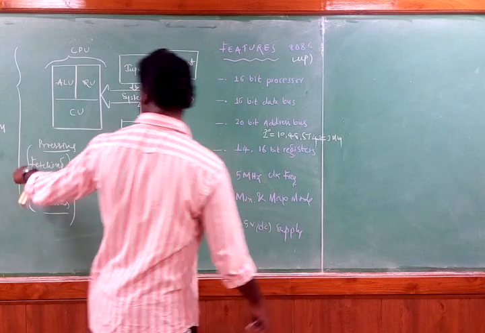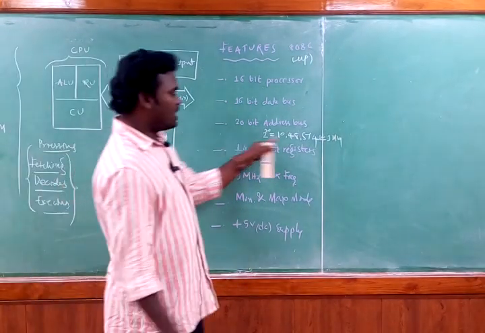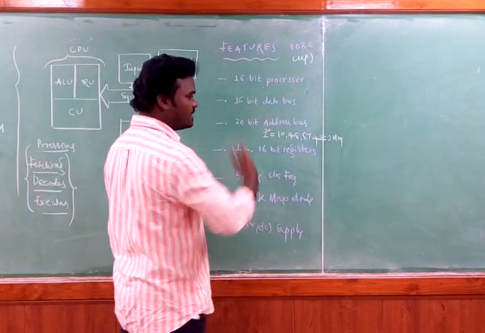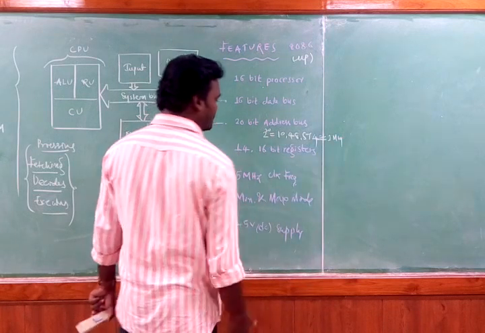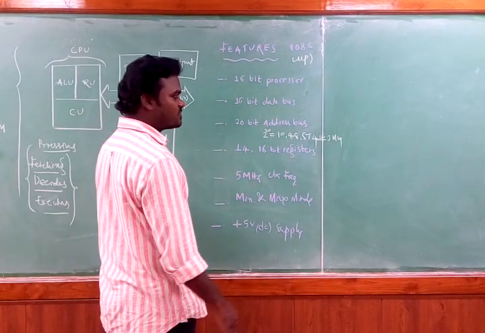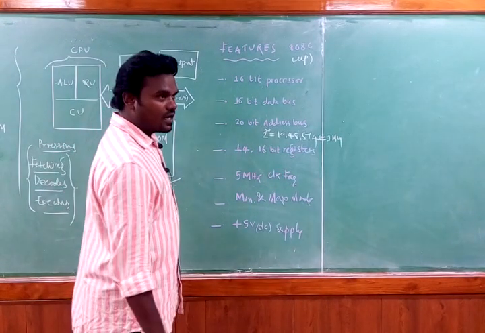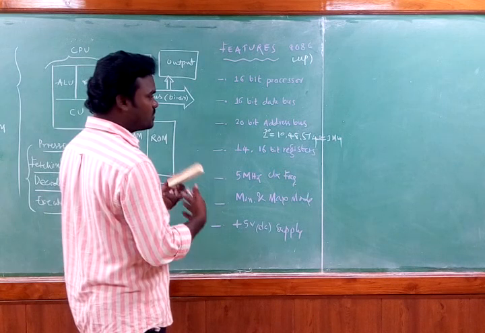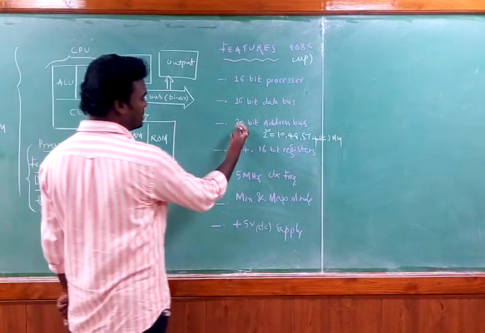Earlier, sorry, I said megahertz, but it is actually megabyte. So the maximum memory accessed by the 8086 microprocessor is about 1 megabyte, and it can have 1,048,576 memory locations. Each location holds 1 byte of data, so to have 16 bits of data, 2 memory locations can be used.